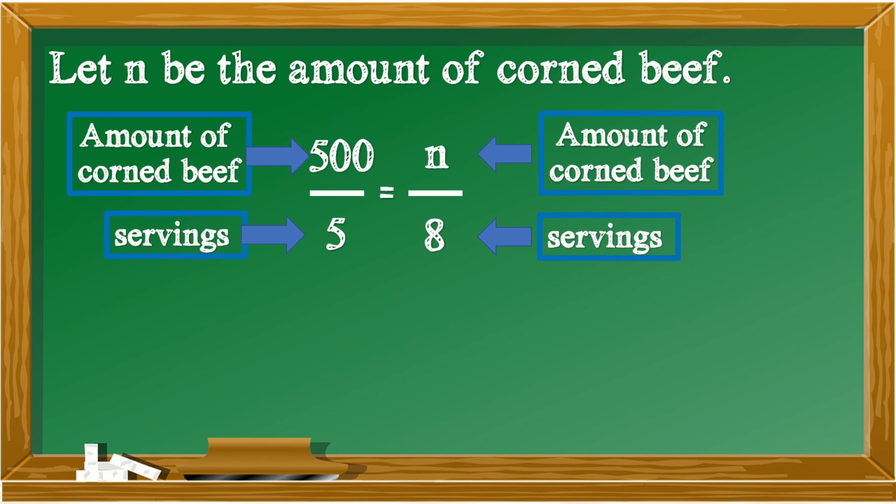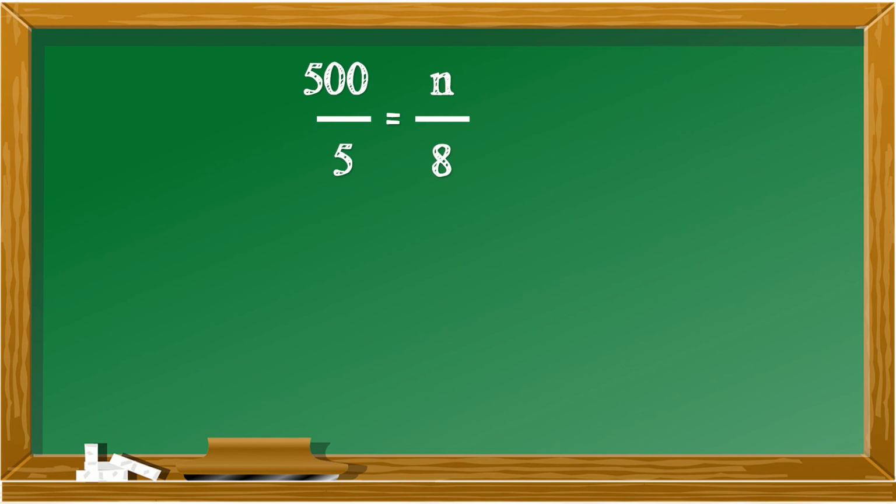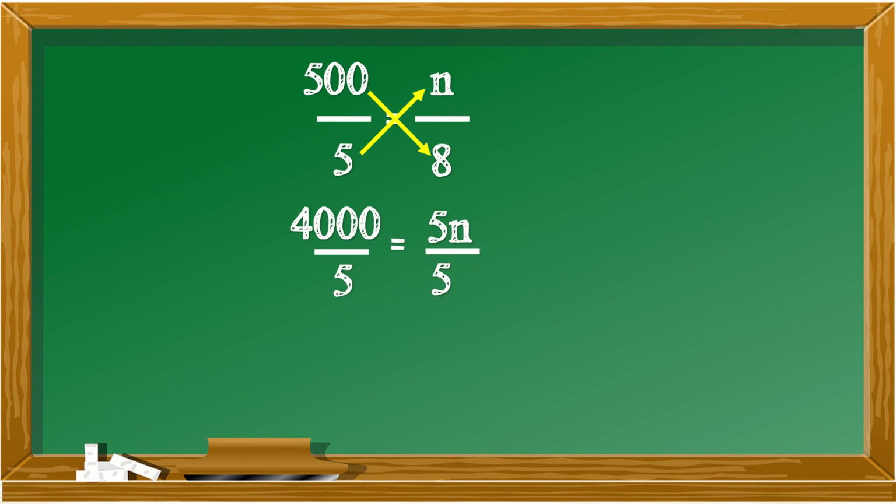Let us now solve for the n. Again, we will do a cross multiplication. 500 times 8 is equal to 4,000. 5 times n is 5n. We now have 4,000 is equal to 5n. But we need n alone. So we need to divide both sides by 5.